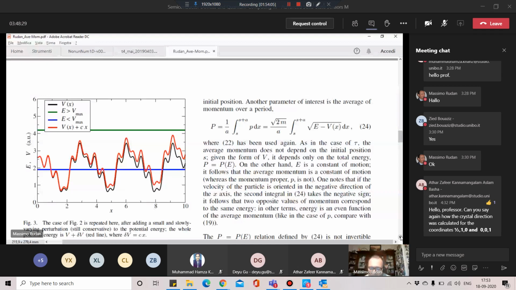So the issue is that when you apply the voltages, the potential energy that acts on the electrons inside the crystal is not anymore the periodic energy only. It is the superposition of the periodic energy imposed by the crystal plus the external non-periodic energy imposed by the generators, by the voltages that are applied to the contacts.